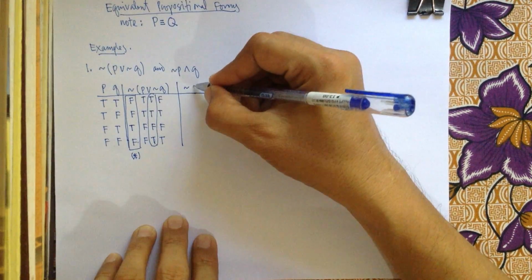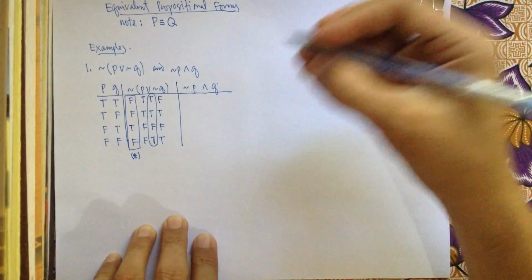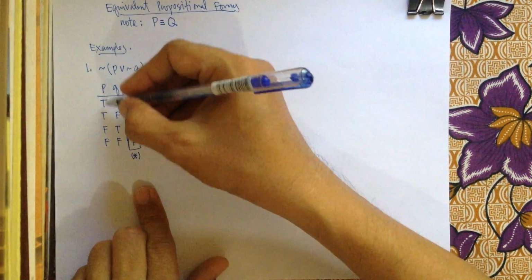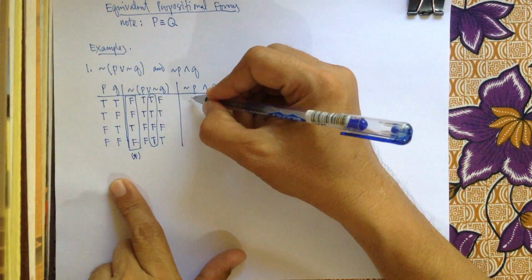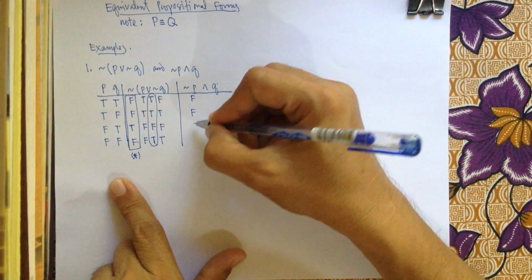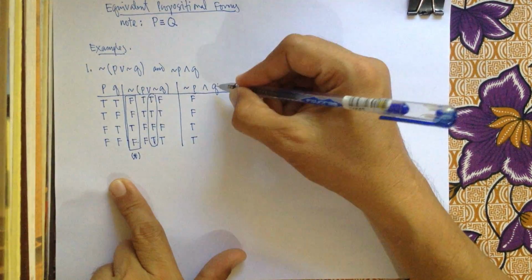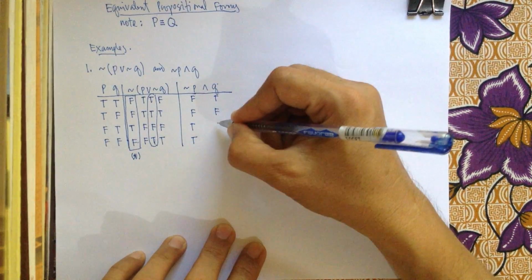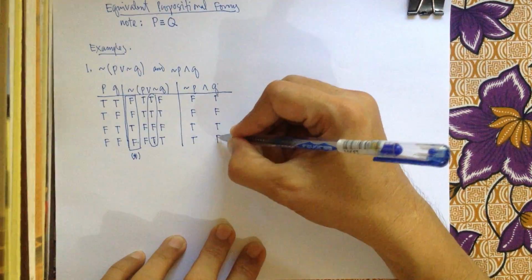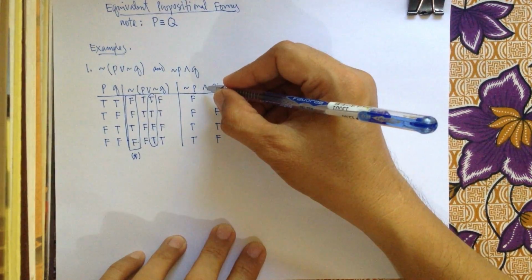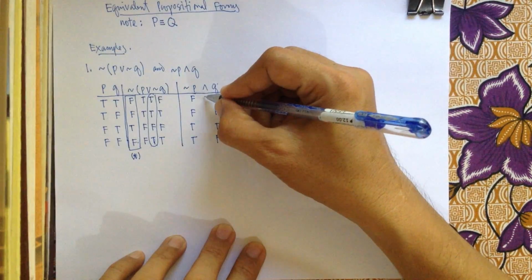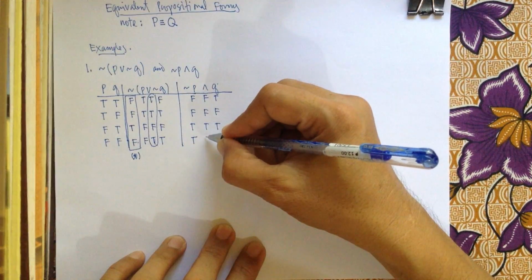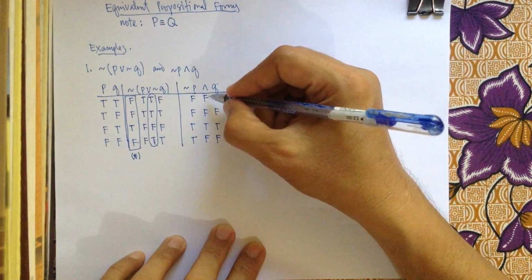For our second statement, we have negation of P and Q. What is negation of P? It is the negation of this column, which is false, false, true, and true. Let's just copy the column for Q: true, false, true, false. Under and, this is false, this is false, this is true, and this is false.